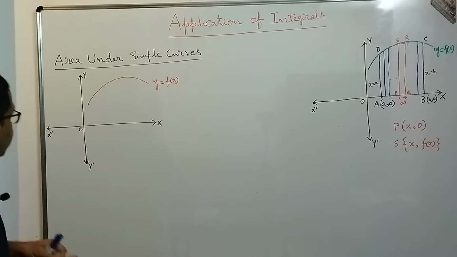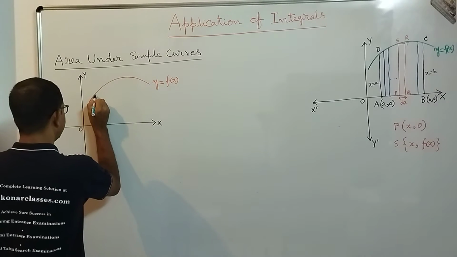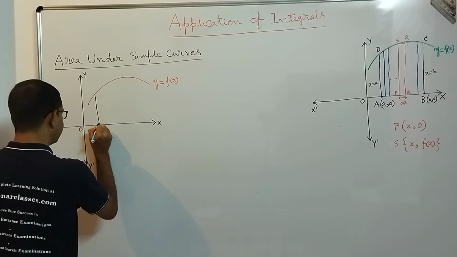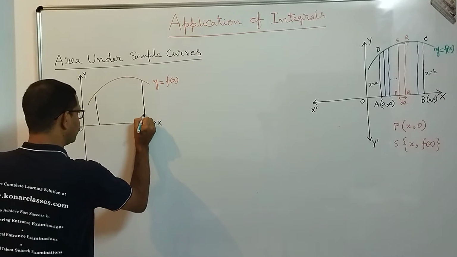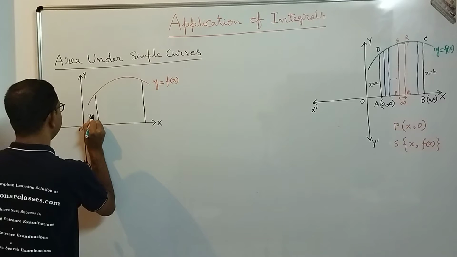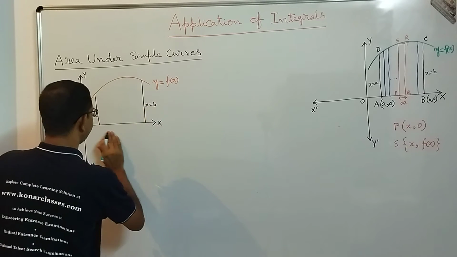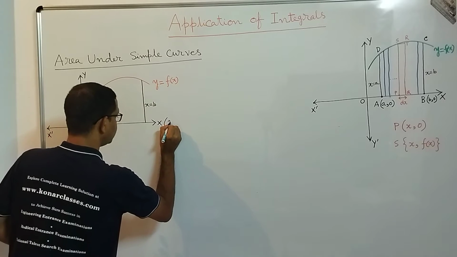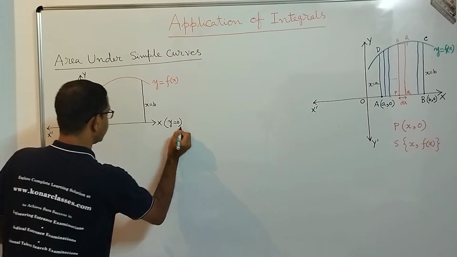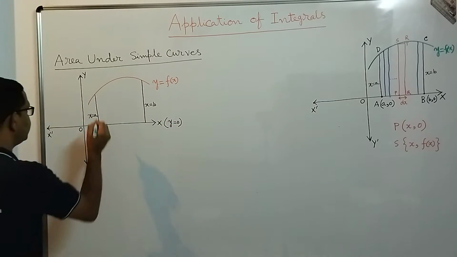Now, what are we interested in? We are interested in finding the area of this region. Suppose this line is x equal to a, this line is x equal to b, and this is the x-axis, whose equation is y equal to 0. Then what will be the area of this region?